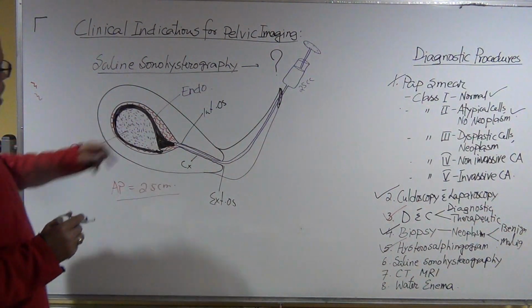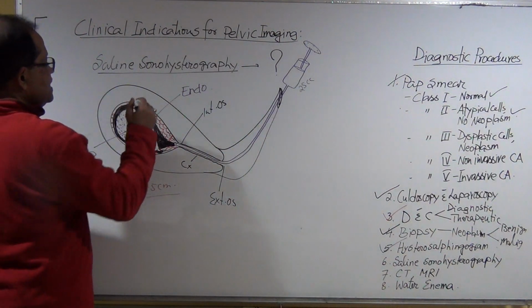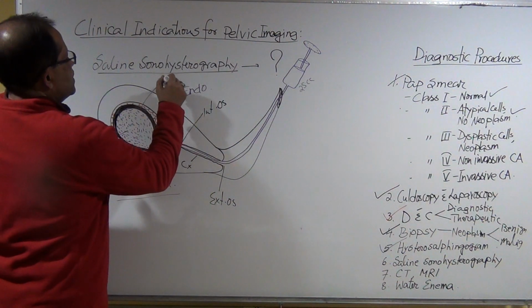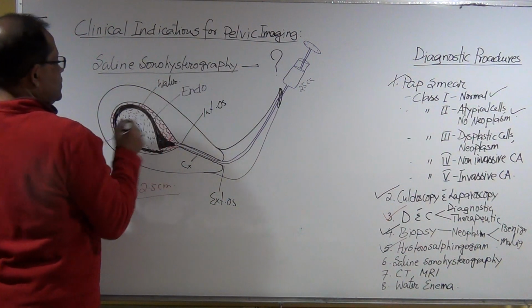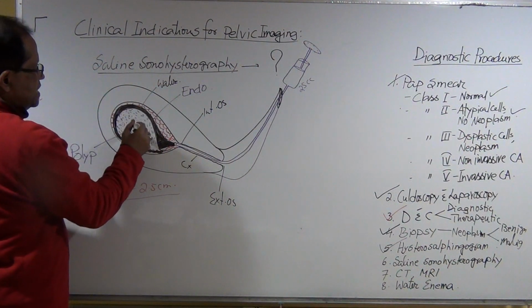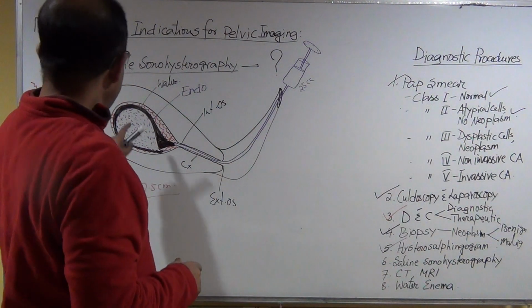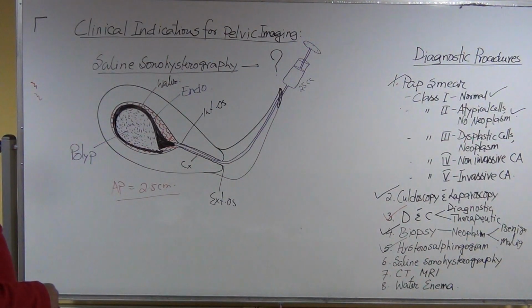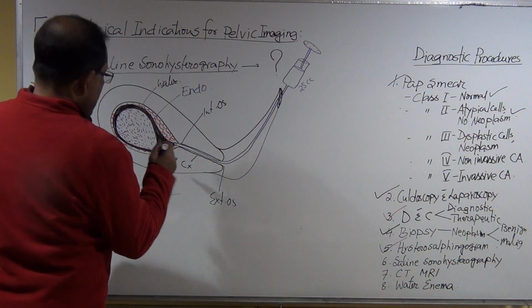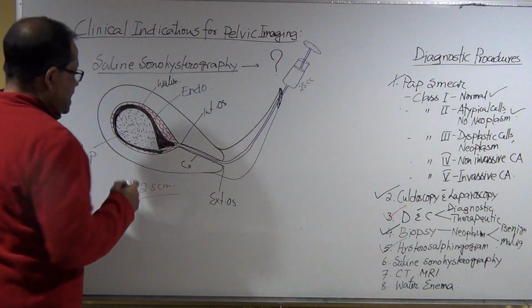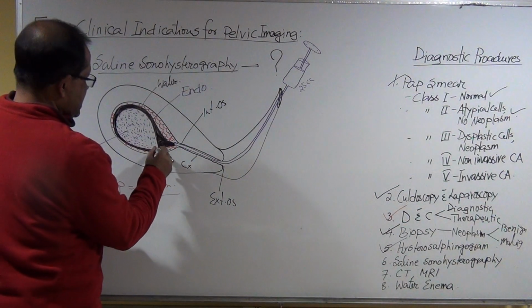Okay, so now you can see these are the water, and this is separated from the endometrial tissue. Then you can see this is a polyp. This is a polyp, and this polyp is attached by a pedicle.